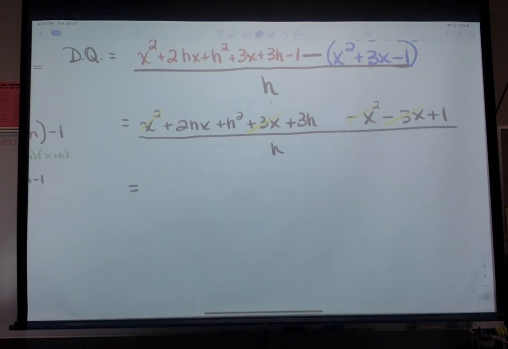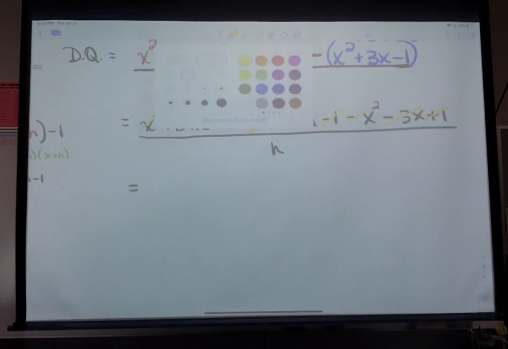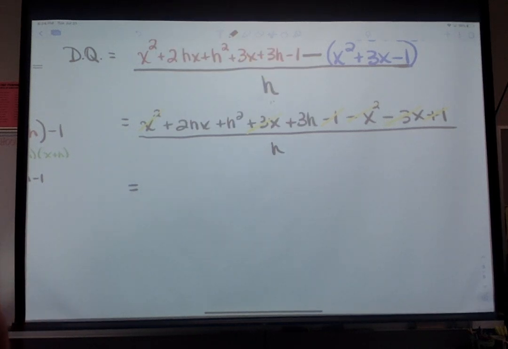Collect them. Gone. All right. Let's reevaluate. Where are we? We still have a 2, an h, and an x. We still have an h squared. We still have a 3h. All over h. Whew, we're getting there.